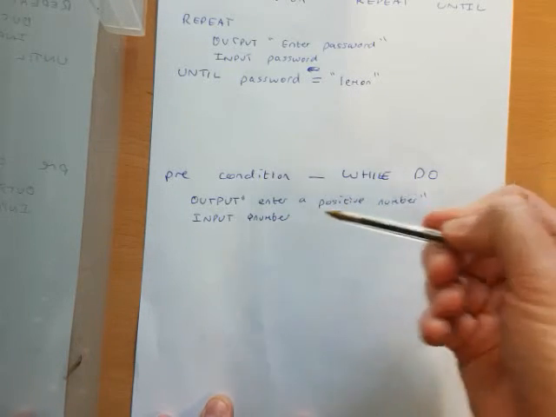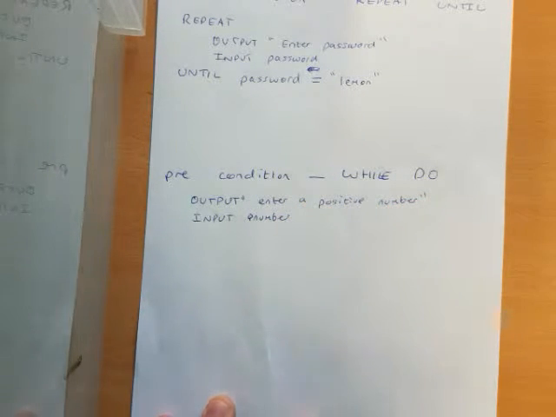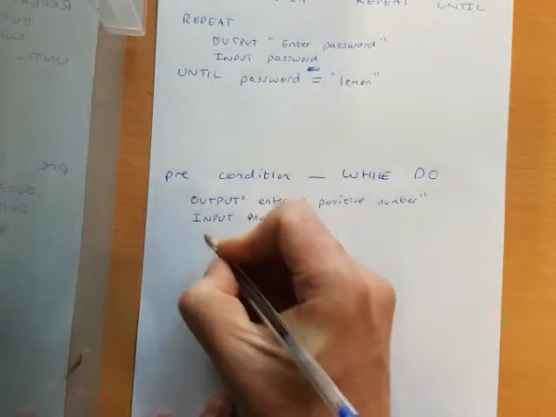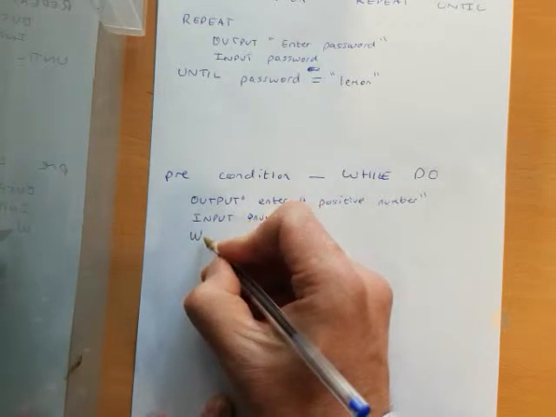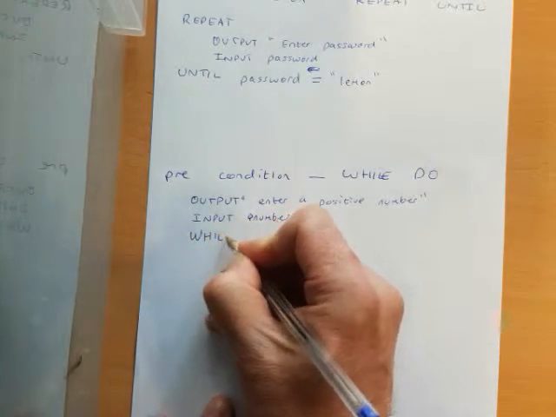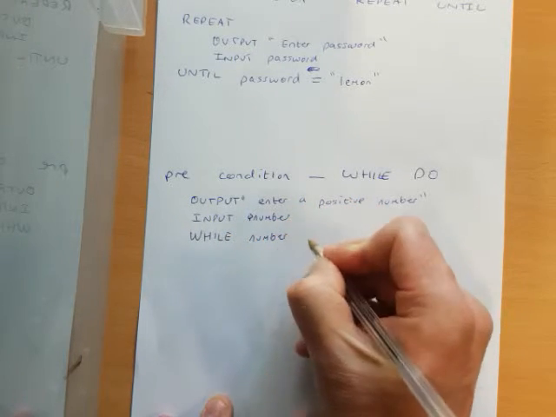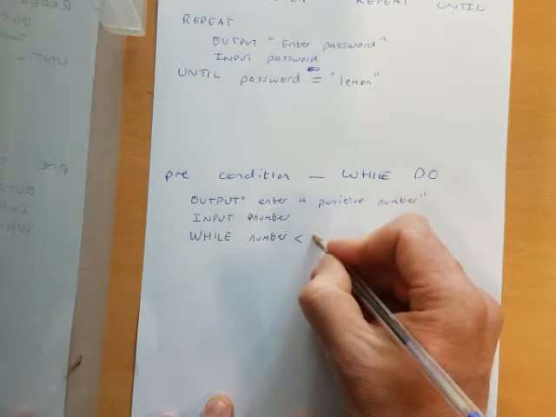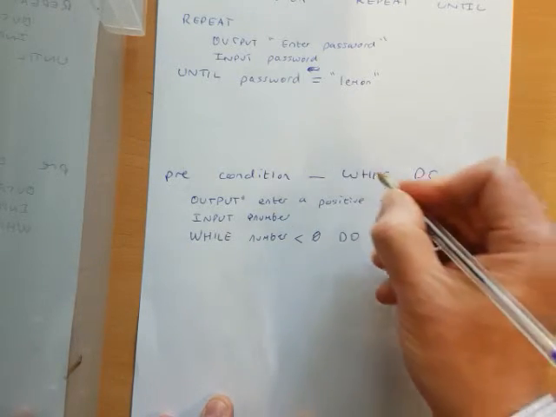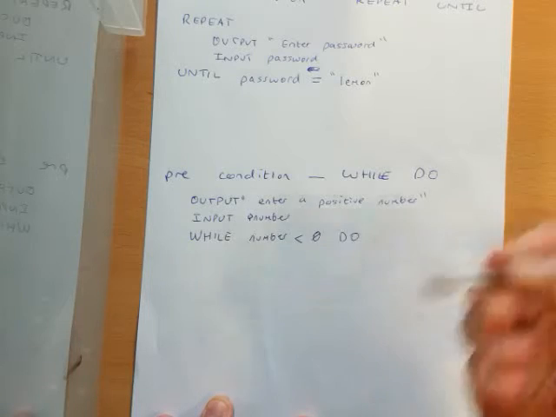Okay, so they'll type in a number, we'll store it as a variable. Let's check that number. Okay, so we're going to use our precondition here. While number is less than 0, do. While do. Okay, now we need some statements.